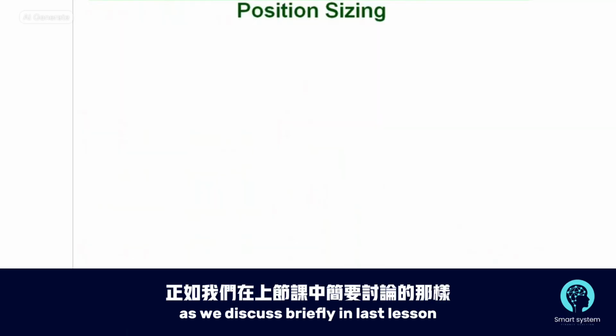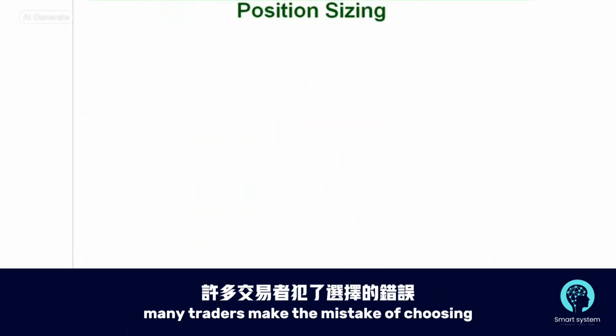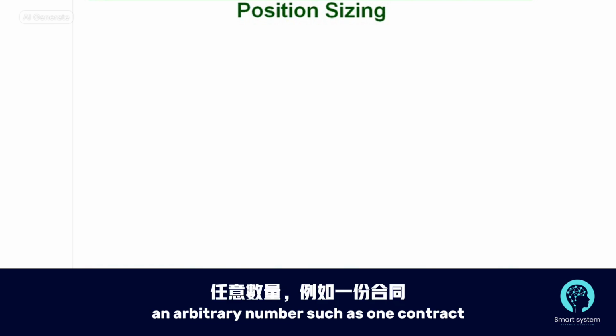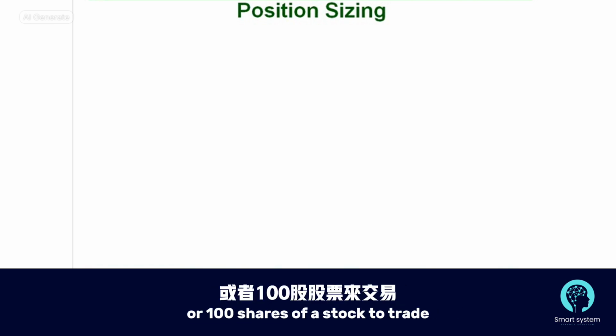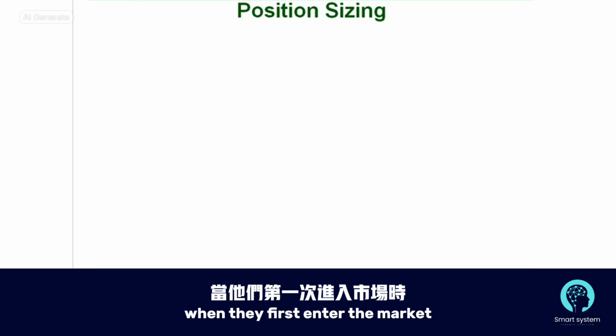As we discussed briefly in last lesson, many traders make the mistake of choosing an arbitrary number such as one contract or 100 shares of a stock to trade when they first enter the market.